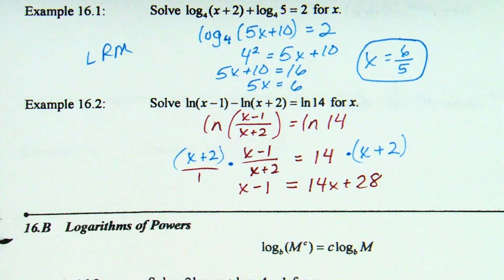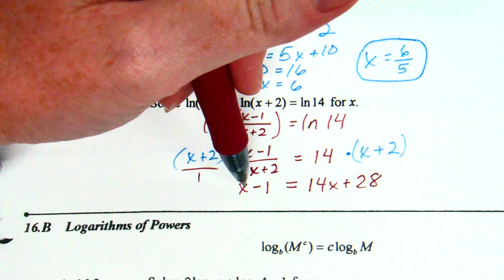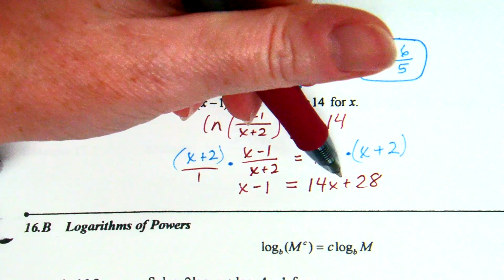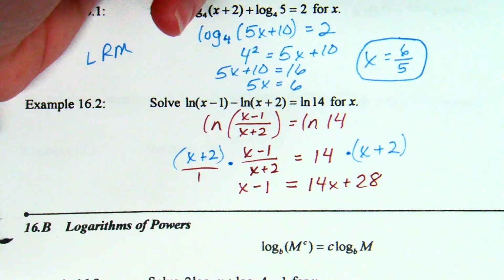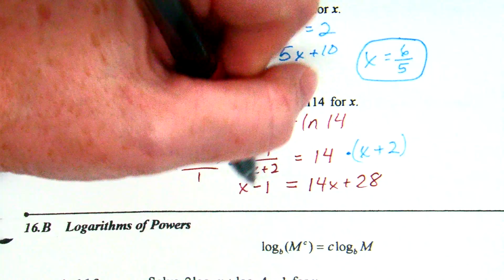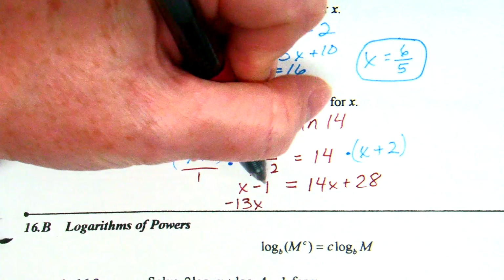Okay. 13x equals negative 29. You can either add 1 and subtract 14x, or you could subtract x and subtract 29. Doesn't really matter, does it? Either way, you will get there. If I subtract 14x over, it's negative 13x. If I add 1 over, I'm at positive 29.